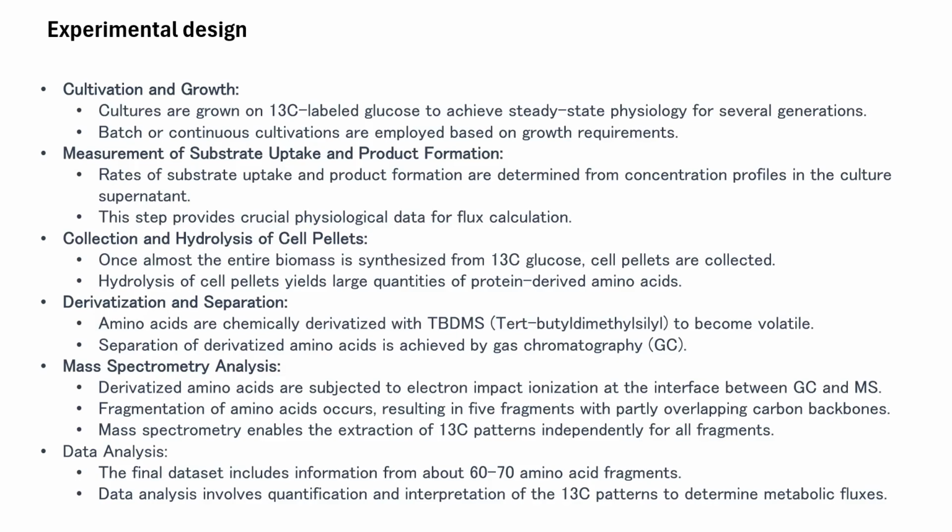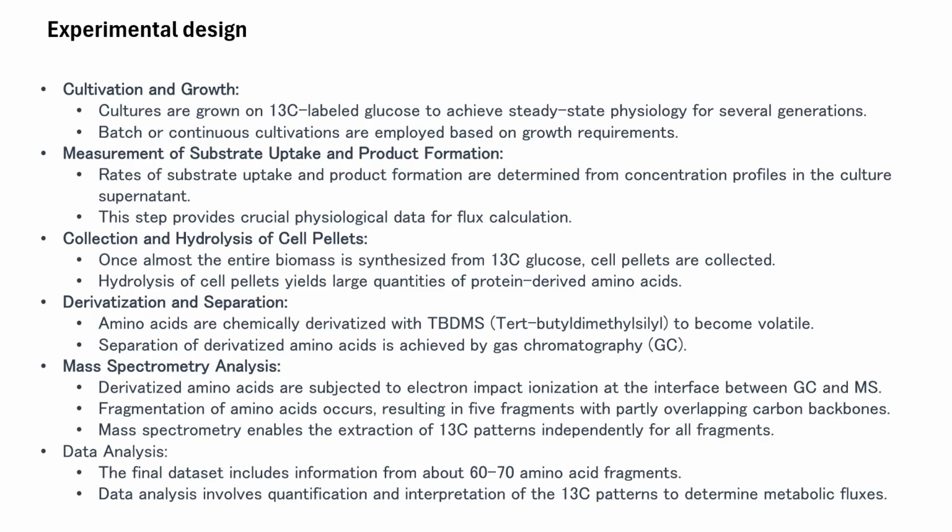These amino acids are chemically derivatized with what is known as TBDMS, a very hard name, tert-butyldimethylsilyl. It makes them more volatile, which makes it easier for gas chromatography techniques to separate them.